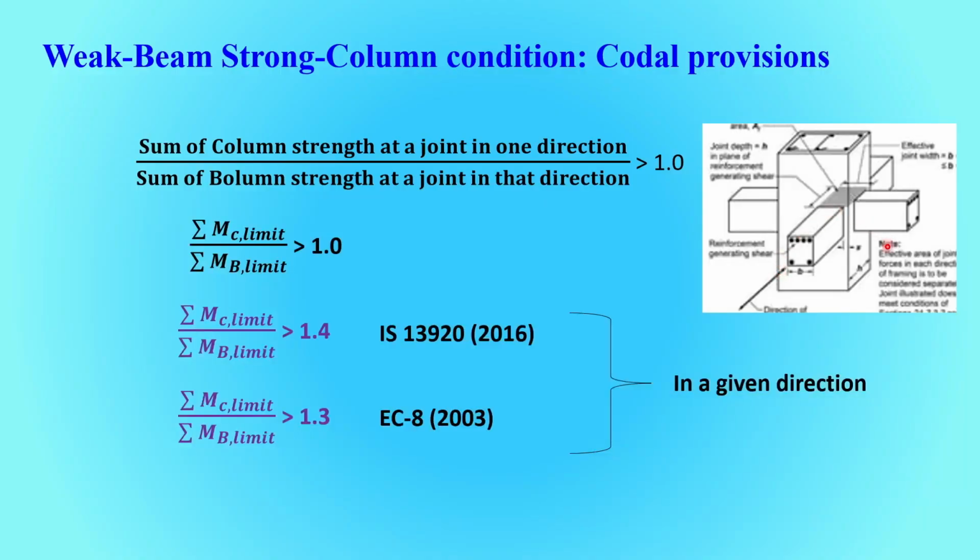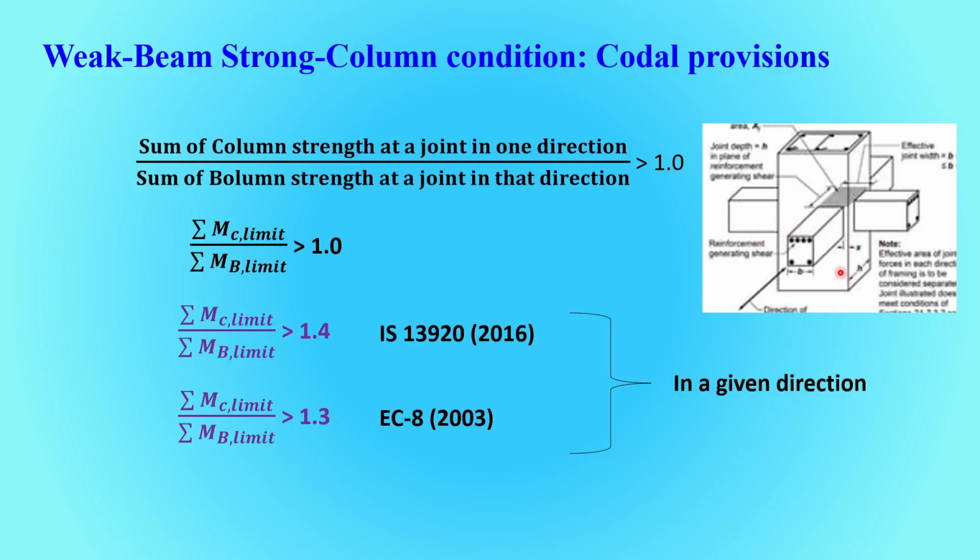We have shown a joint here, a beam column joint, where 4 beams and 2 columns are meeting. One beam is from the left, one beam is from the right. One beam is from our forward direction, another beam is from our backward direction. So these 4 beams and 1 column at the top, 1 column at the bottom, 2 columns, they all are meeting at this beam column joint.